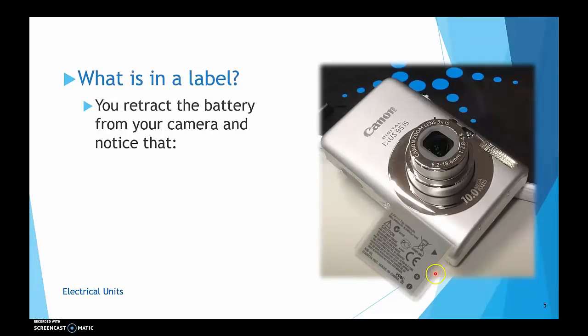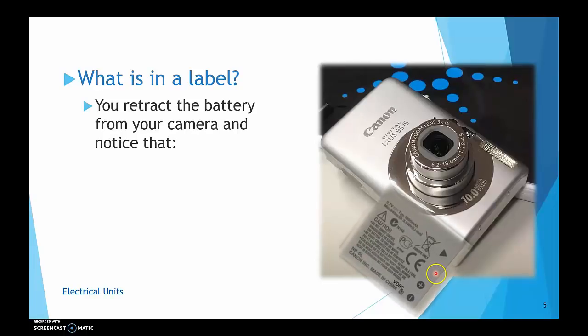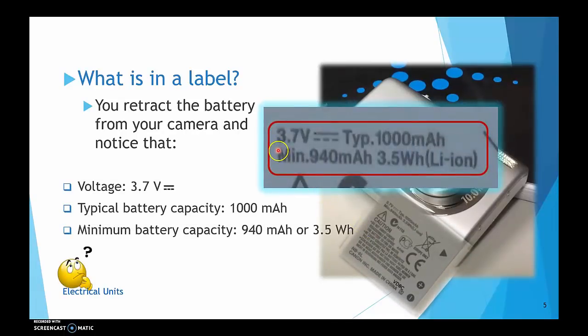Now you retract the battery from your camera and notice these figures. They tell us that when the battery is fully charged, it provides a DC output voltage of 3.7 volts, and the amount of energy stored is typically 1000 milliampere hours, minimum 940 milliampere hours, which is approximately equal to 3.5 watt hours. mAh and Wh are units of energy.